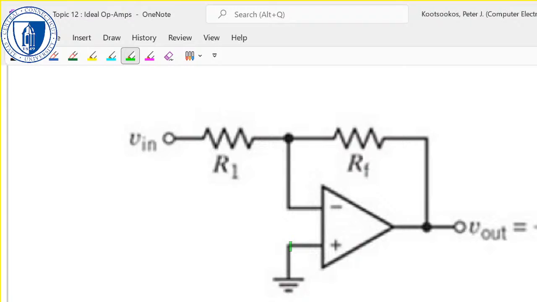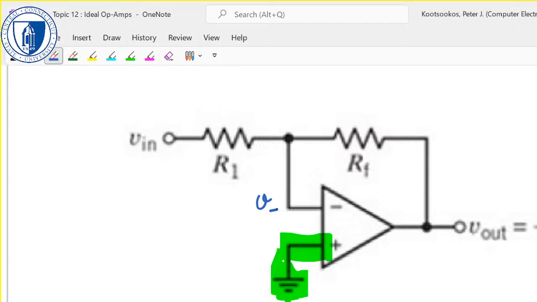So one thing to note is our non-inverting input is connected to ground. What does that say V minus is? Zero. And again, I'm assuming it's an ideal op-amp.